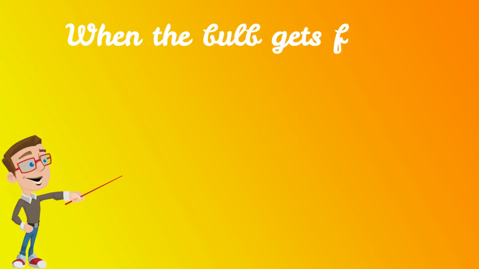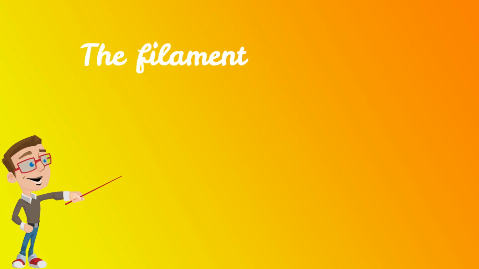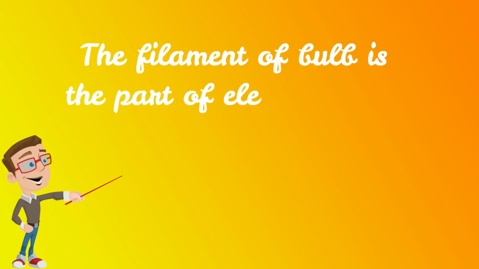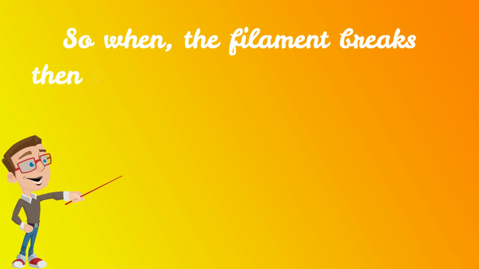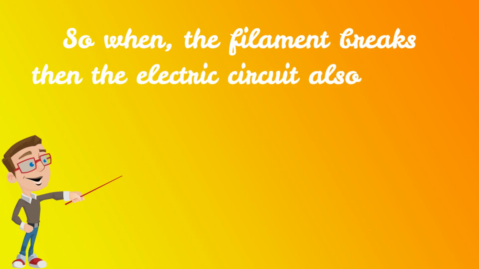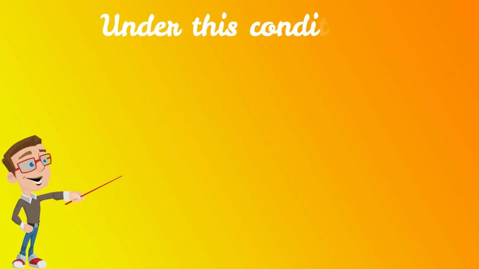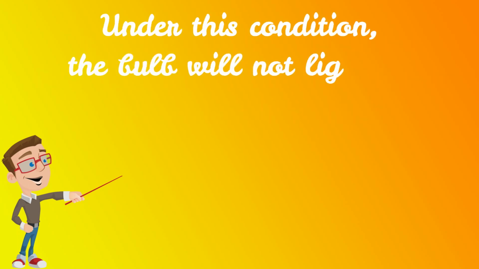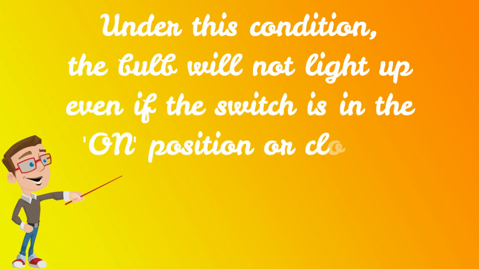When the bulb gets fused, its filament breaks. The filament of the bulb is a part of the electric circuit. So when the filament of the bulb breaks, the electric circuit also breaks and becomes incomplete. Under these conditions, the bulb will not light up, even if the switch is in the on position or closed.